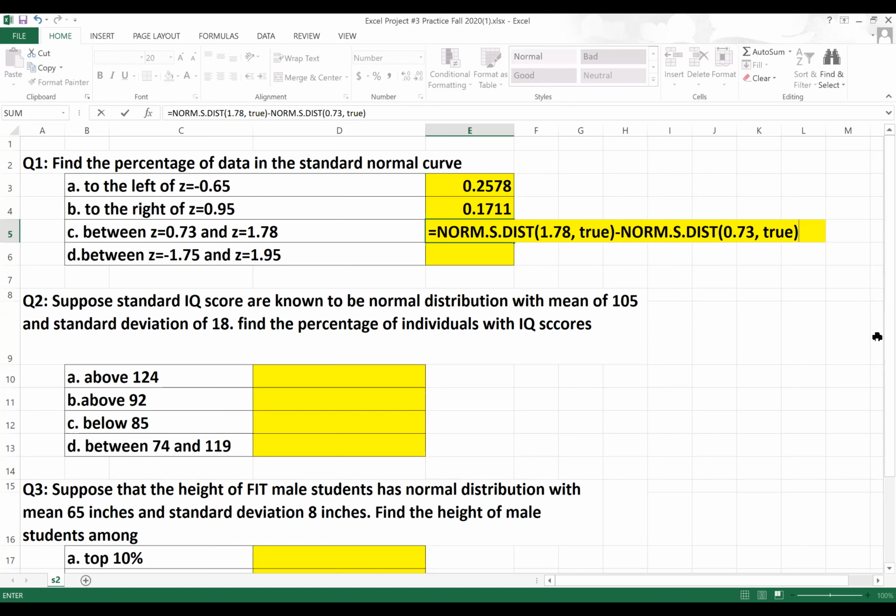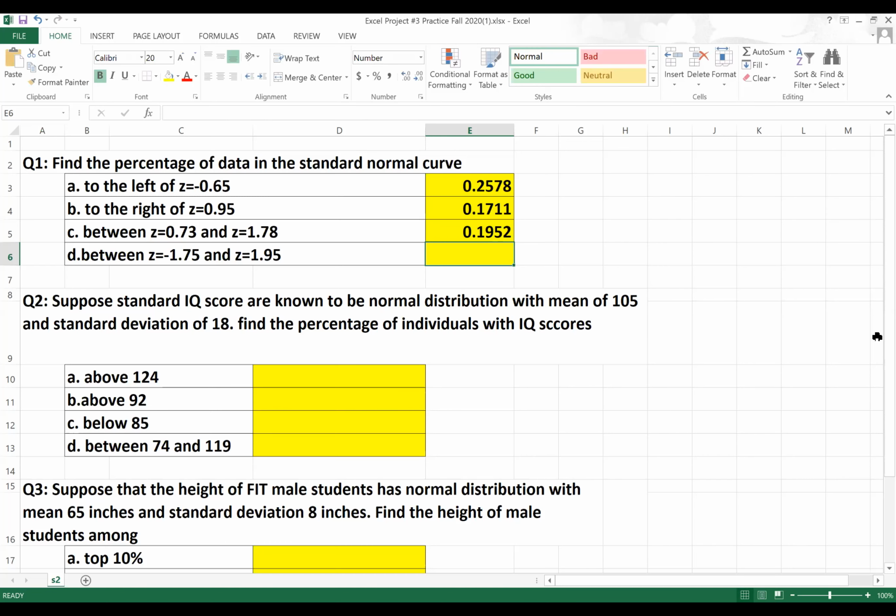Then Excel will automatically give you the answer. We use the bigger z-score to find the probability, minus the probability corresponding with the smaller z-score, and that's the probability in between. Then we get 0.1952.